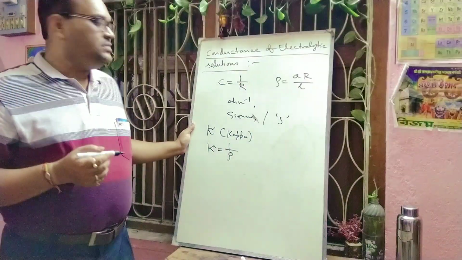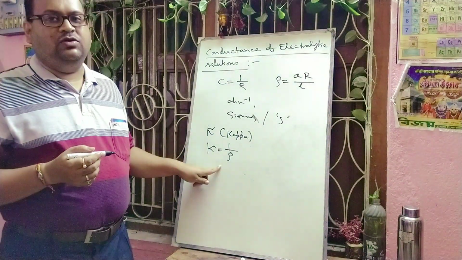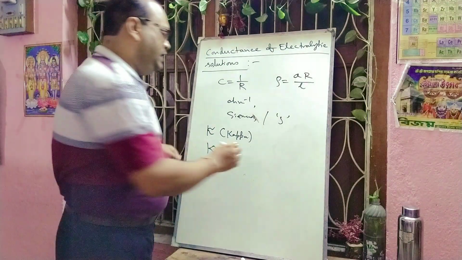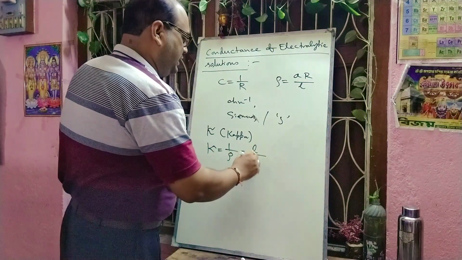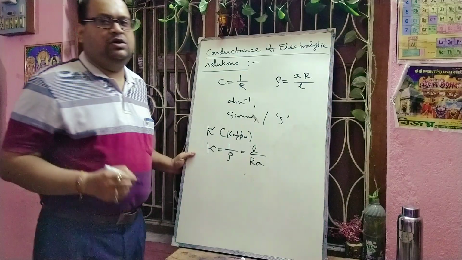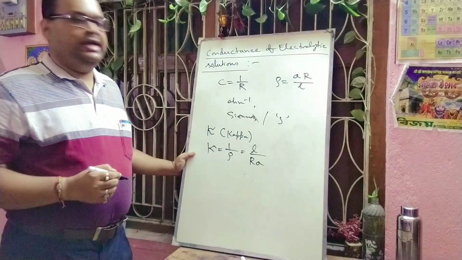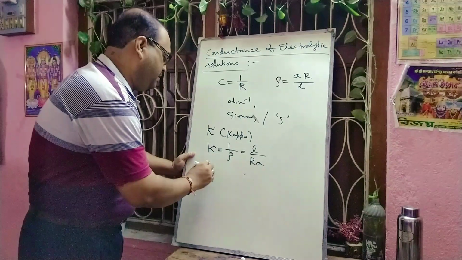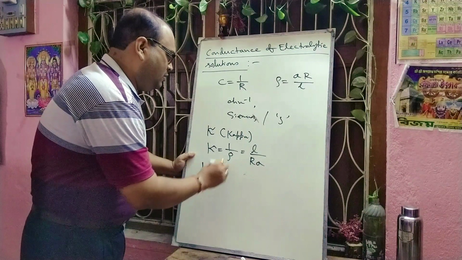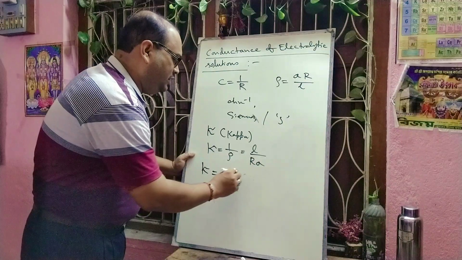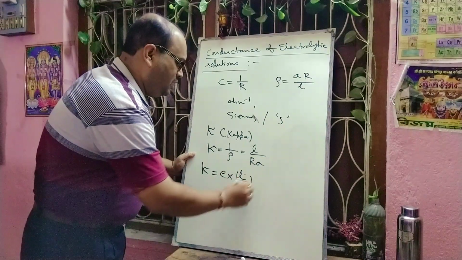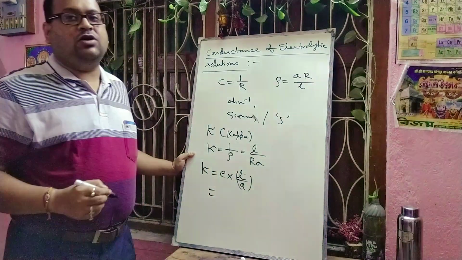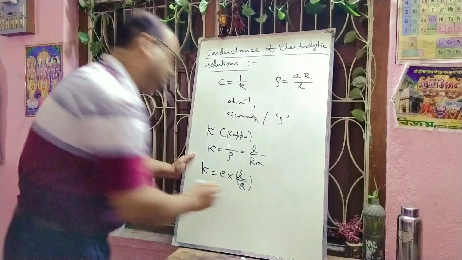Now if we put the value of rho, we get L by RA. So from here we can write that kappa is equal to 1 by R into L by A, which is C into L by A. Now we know that C is called conductance.